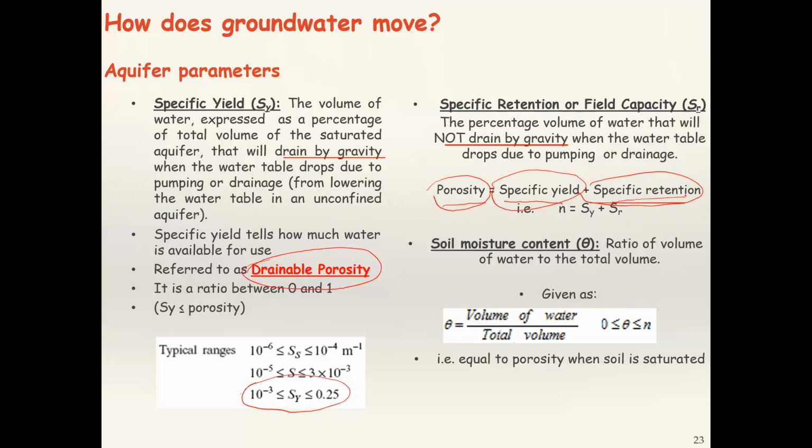The entire void volume is filled with water. But in the unsaturated layer, it is defined as the available volume of water divided by the total volume of the aquifer. If you take one unit volume, how much water we have there, that is called the soil moisture content. It is equal to the porosity when the soil is saturated, or when it is below the groundwater table.